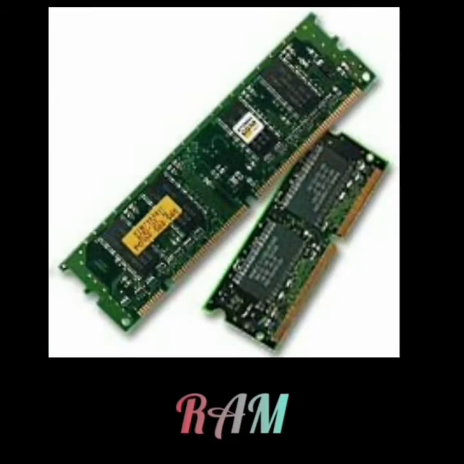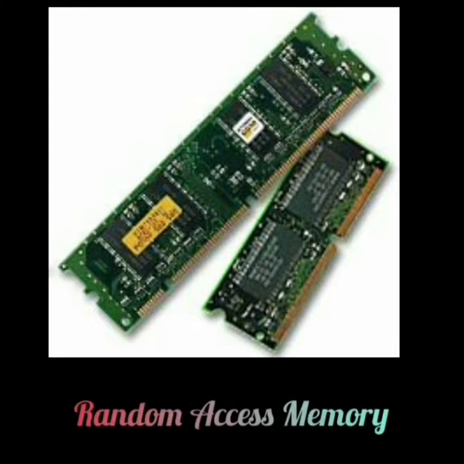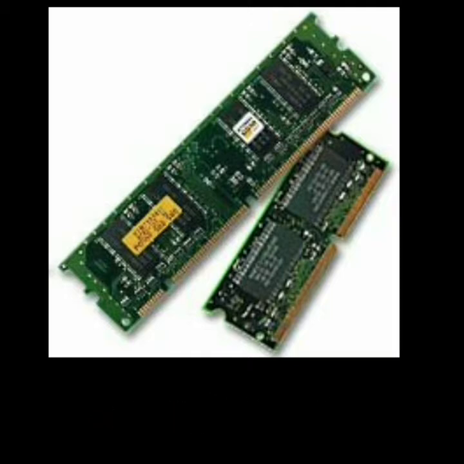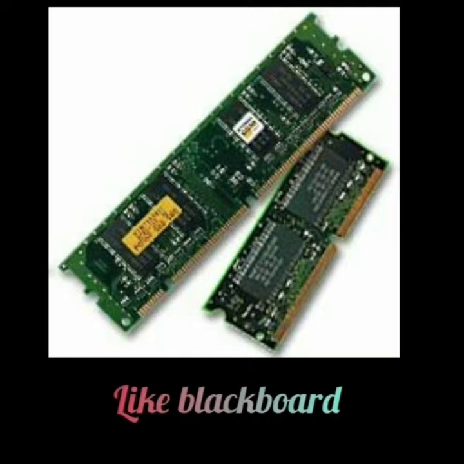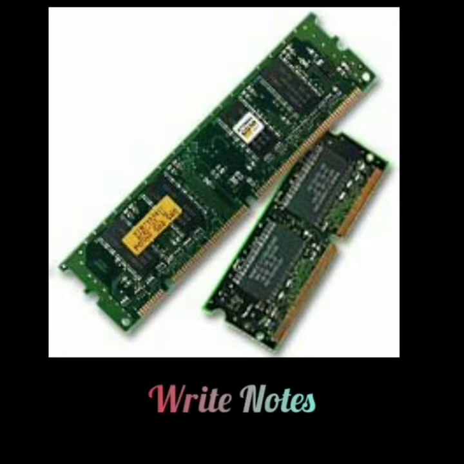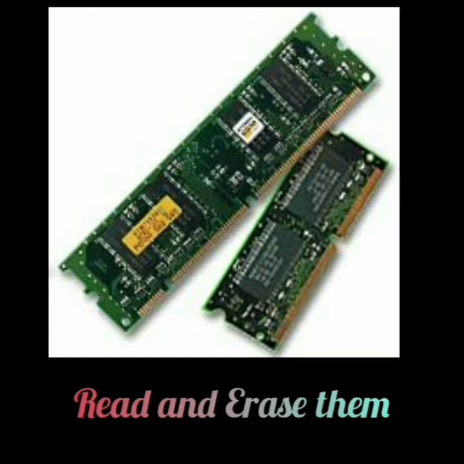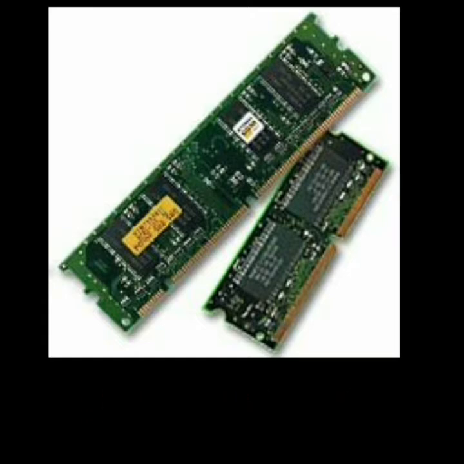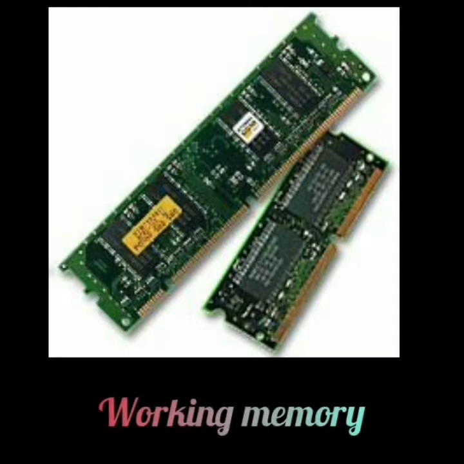First, RAM. RAM stands for Random Access Memory. RAM is like a blackboard on which you can write notes, read them and erase them when done. RAM is working memory.